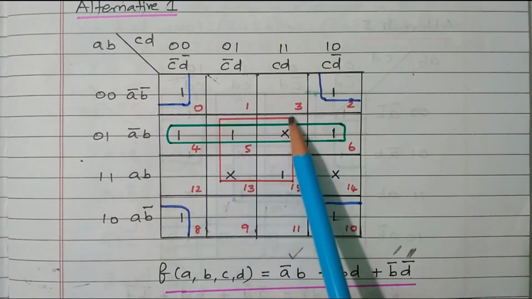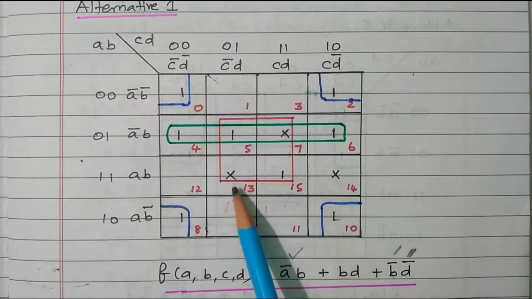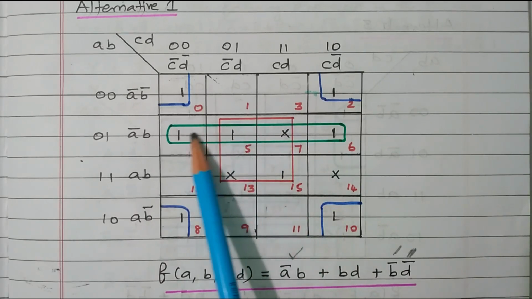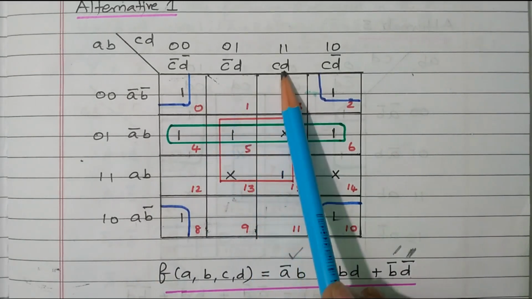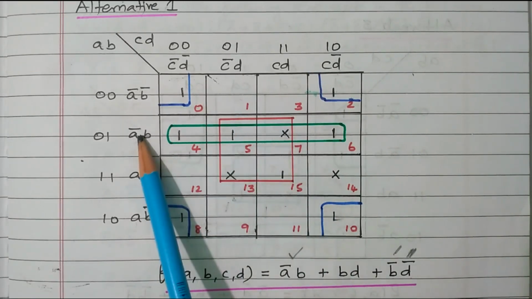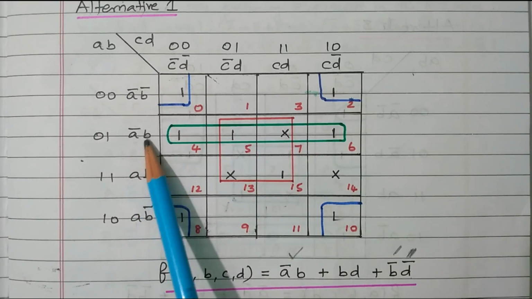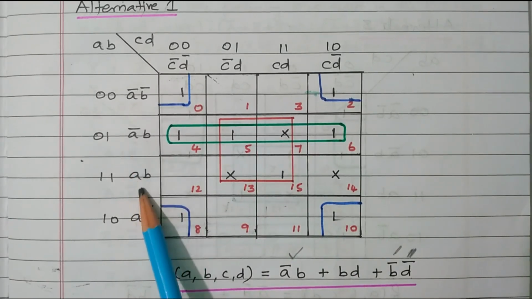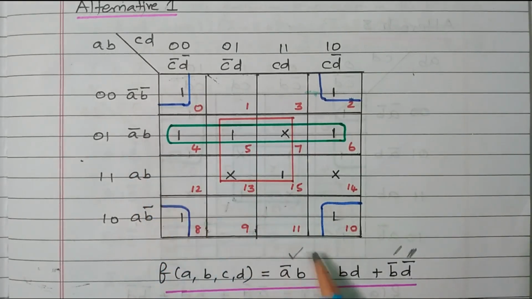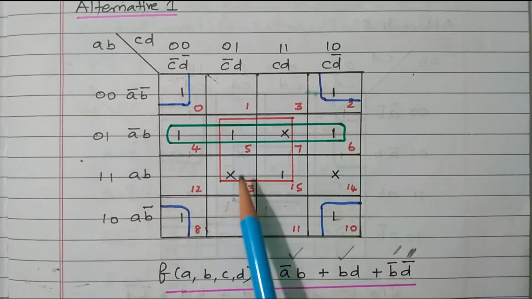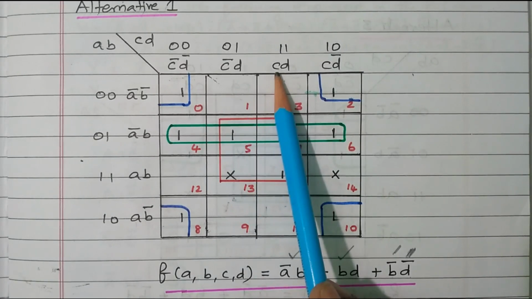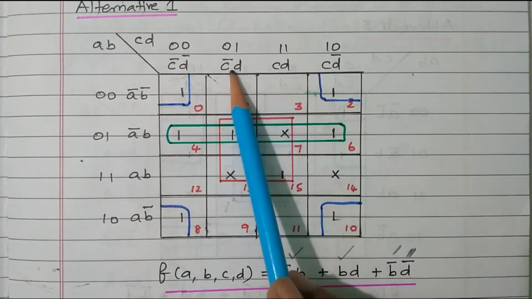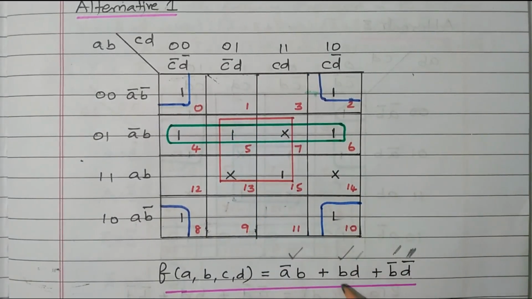Then we'll go to the third grouping at the center, right? It is available in the second row and third row, and similarly the second column and third column. What is available in the second row and third row? A bar B, A B. So A bar and A got cancelled, only we have B. Similarly for the second and third columns, C bar and C got cancelled, only we have D. So that gives BD.